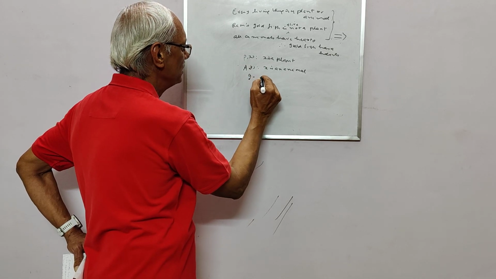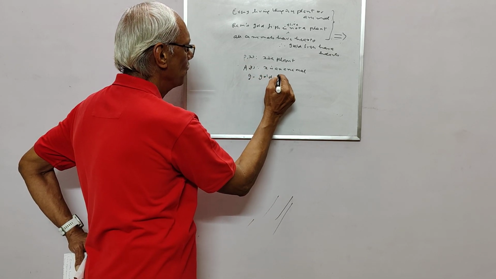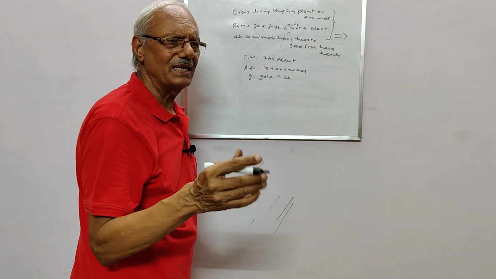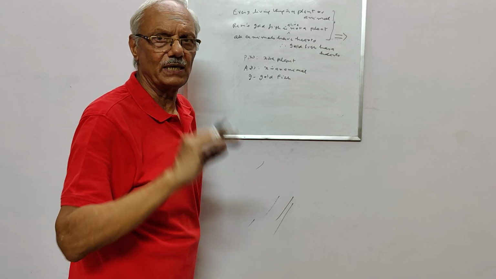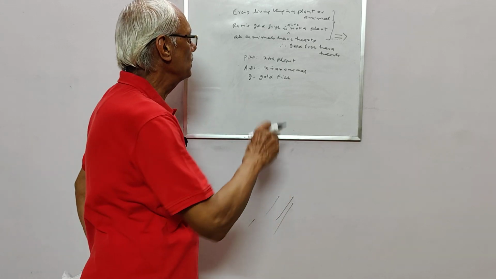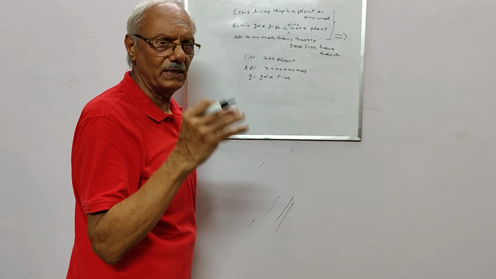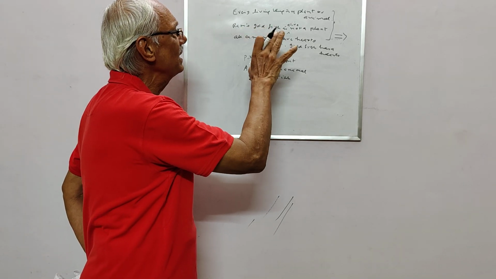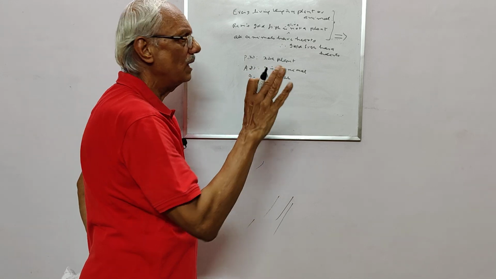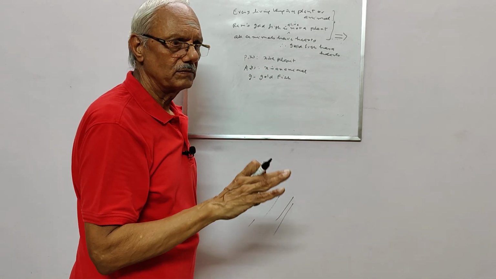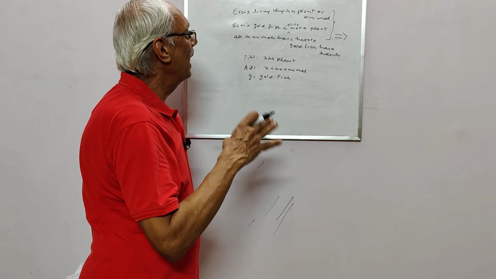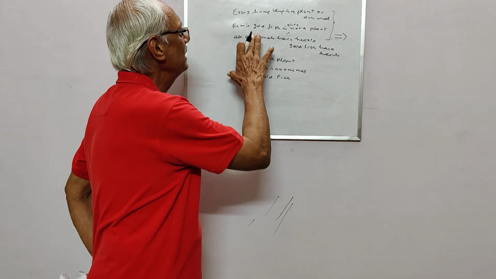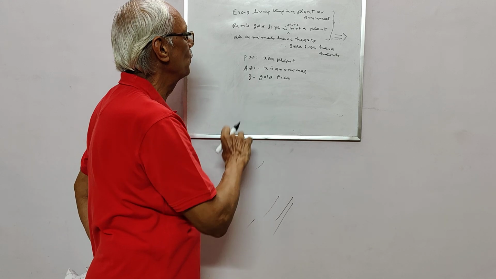G refers to goldfish. Here there is no variable; G means it is a goldfish, and it is a living being. So I am considering only the living beings. As per the problem, every living thing is a plant or animal, so P of X, X is a plant, and A of X, X is an animal. And it is a goldfish that I am taking, so G is a goldfish.